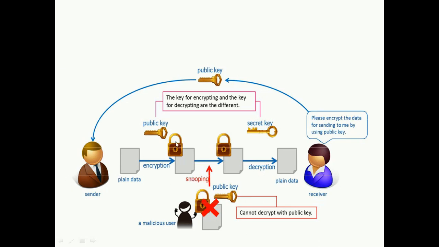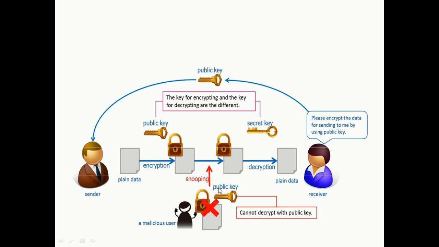When the sender sends this plain text, first this person requests the public key of the receiver. So he has to get the public key of this receiver from the KDC. By applying this public key to this particular message or plain text, it gets encrypted, and it is sent over the network.